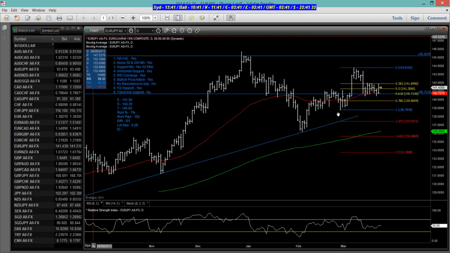Again, I think the fib should be from this low here. You could almost say trendline support as well. Well, I think you could probably say yes to that.